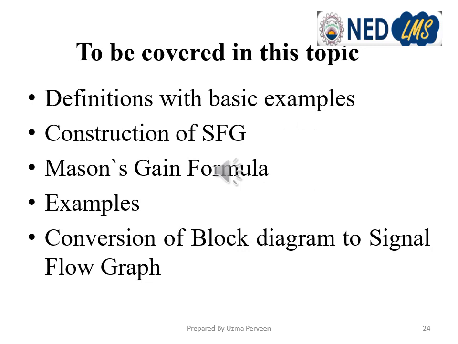Okay, now we look back at what topics we have to cover under signal flow graph. We have already defined some basic examples. We have seen how we construct the signal flow graph using the algebraic equations of the systems. We have applied all the definitions we have defined for the construction of the signal flow graph.